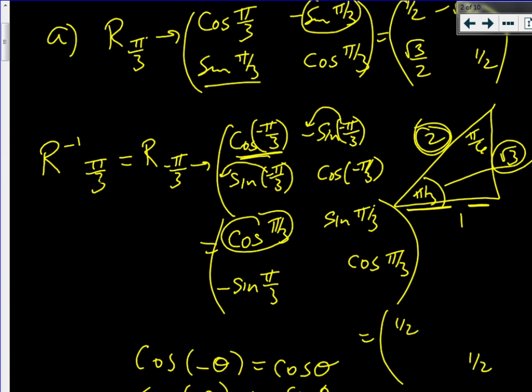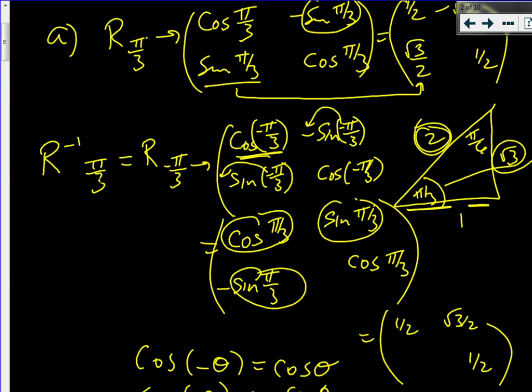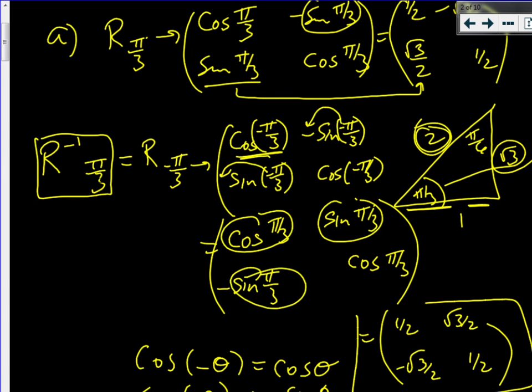We calculated that a while ago. And the sine of pi over 3 is square root of 3 over 2. So this is the square root of 3 over 2, and this is negative the square root of 3 over 2. So the matrix that does that computation is this one right here.